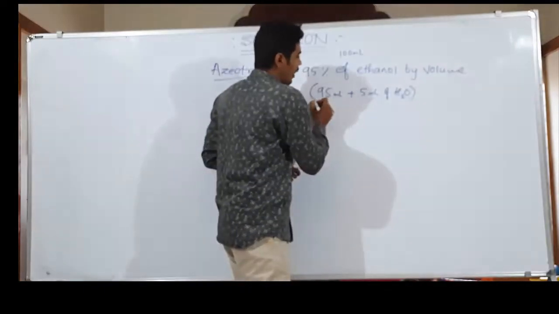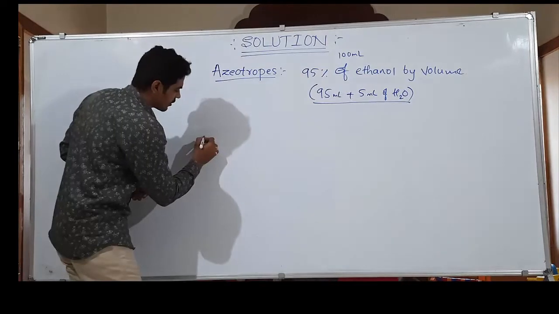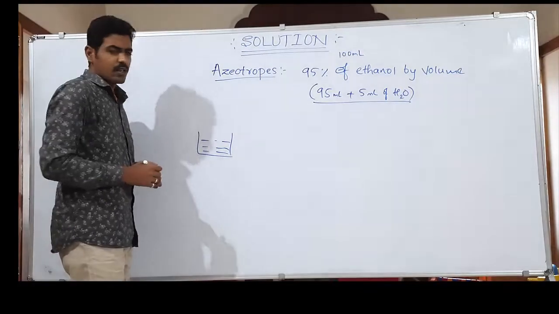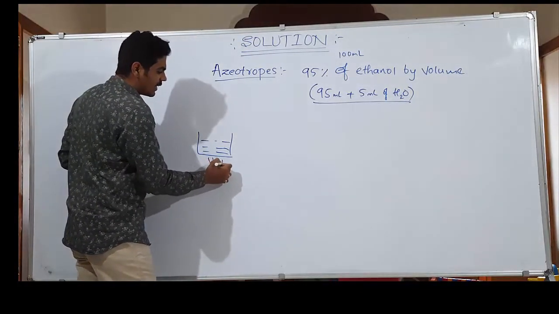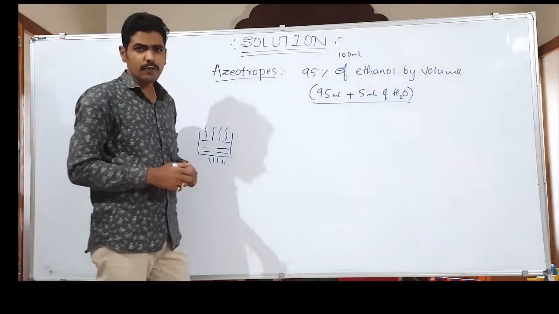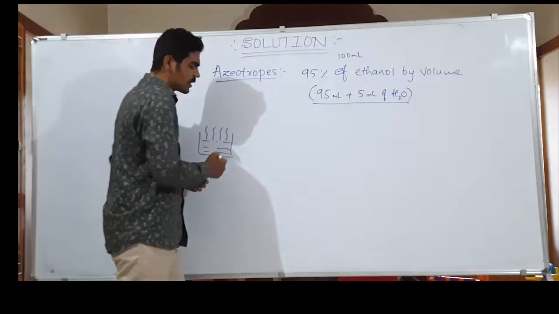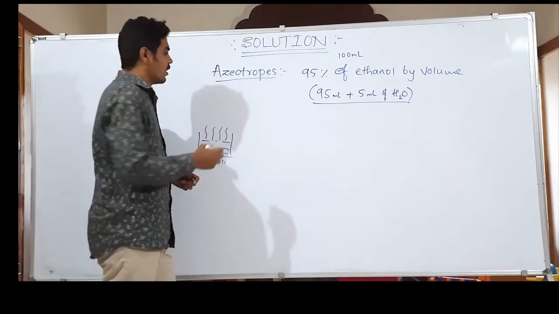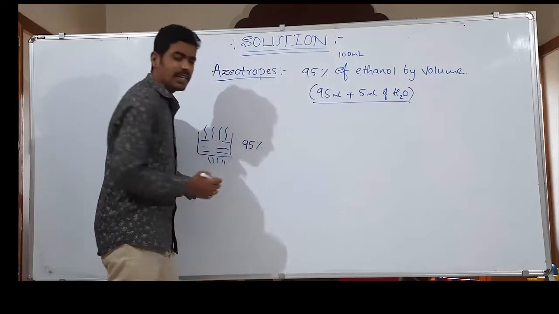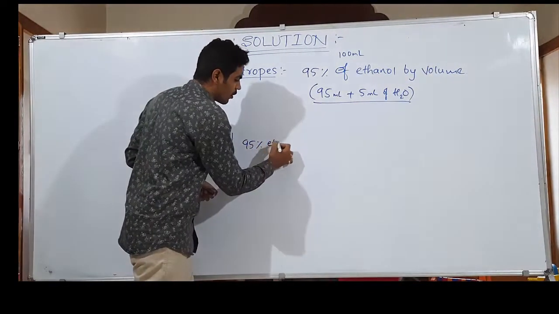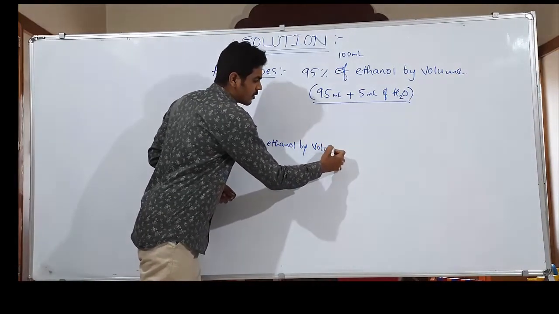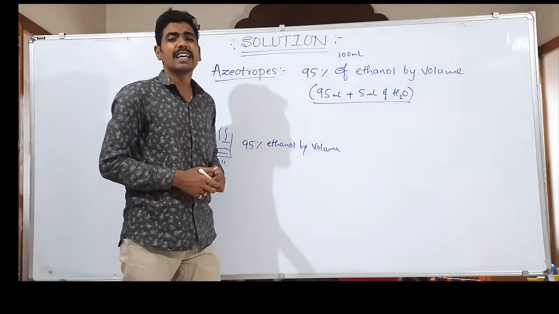So here what happens is, when we distill the mixture of ethanol and water, then upon heating the vapors of ethanol and water will be formed, and when it is subjected to fractional distillation, we will get the mixture which consists of 95% of ethanol by volume. So here we can't get 100% pure ethanol.